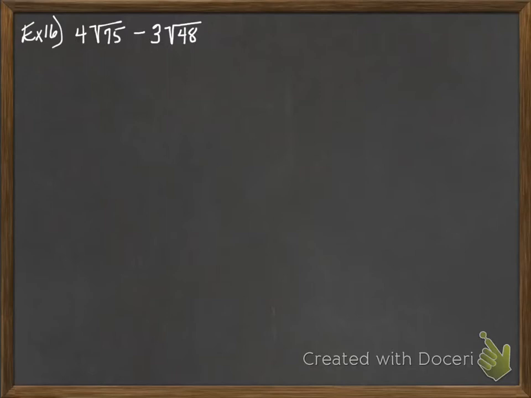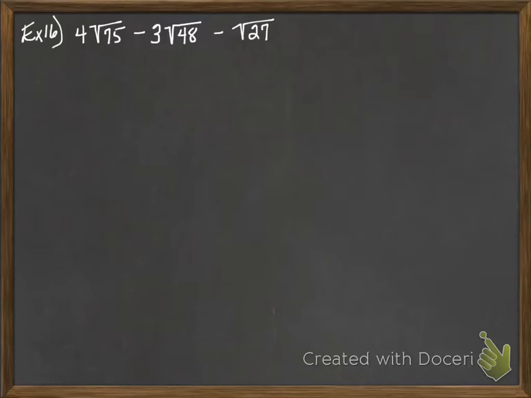What's the biggest factor of 48 that's a perfect square? 16. Okay, and the last one, minus the square root of 27. Is 27 a perfect square? No. What goes into 27 that is a perfect square? 9. So all three of these square roots have to be simplified in your first step.